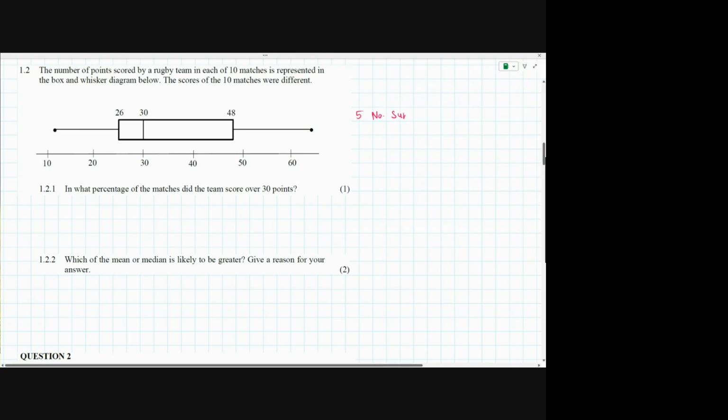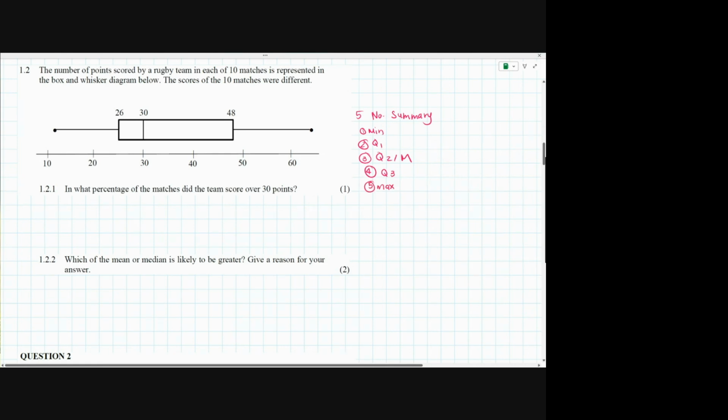Okay, I'm just going to be lazy there. It is your minimum, Q1, Q2, or your median. Sorry, my cat's head is in the way. Q3, and then your maximum.